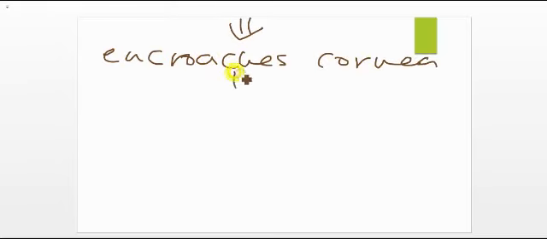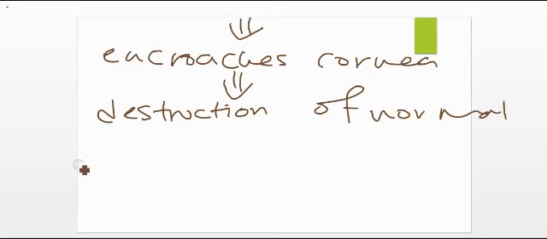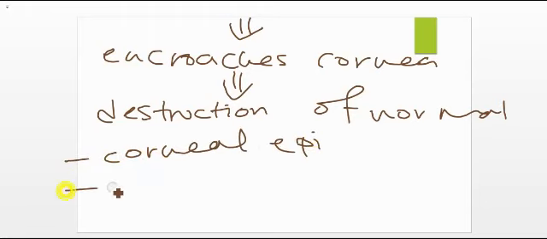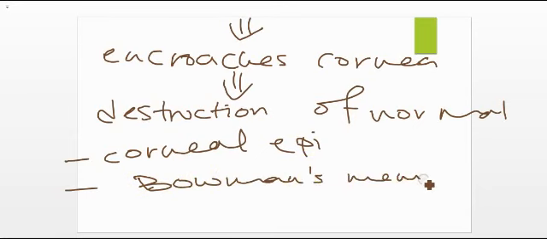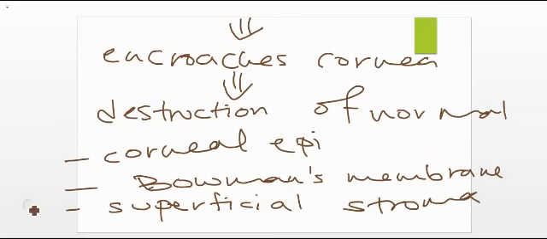So it encroaches the cornea, then it causes destruction of the normal corneal epithelium, the first three layers of cornea basically. Okay, the Bowman's membrane and the superficial stroma.